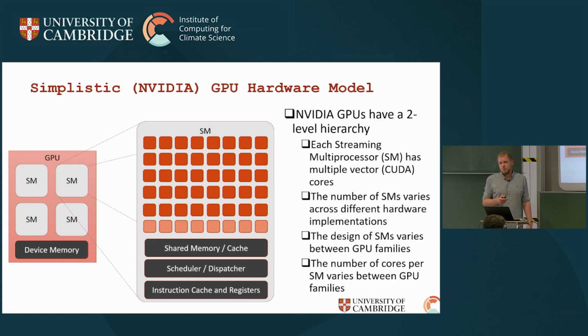I don't know who comes up with these really, but you effectively have this hierarchy where you've got different collections of compute cores, lots and lots of individual cores within it, and then a little bit of shared memory, schedule dispatcher, some instruction cache and registers. What happens between different generations of hardware is some of the parameters change.